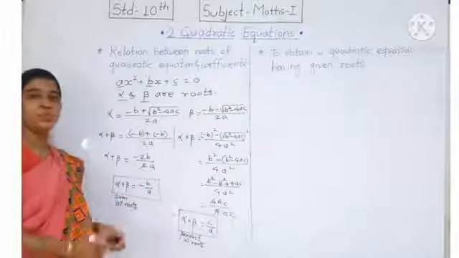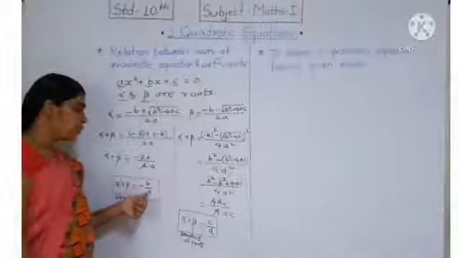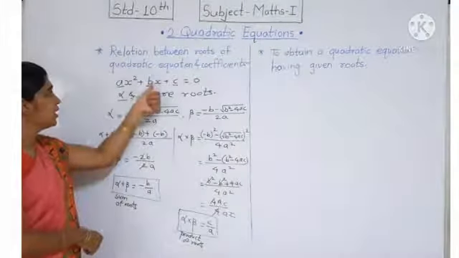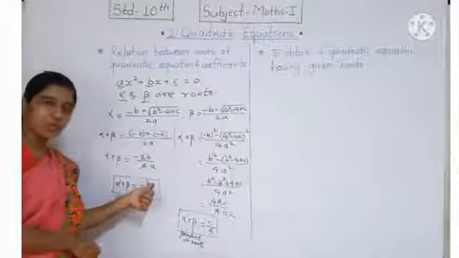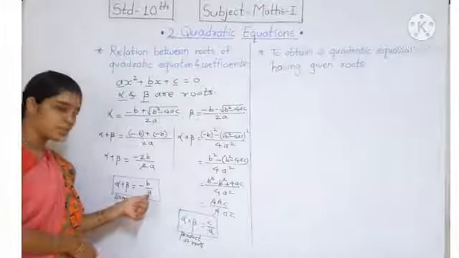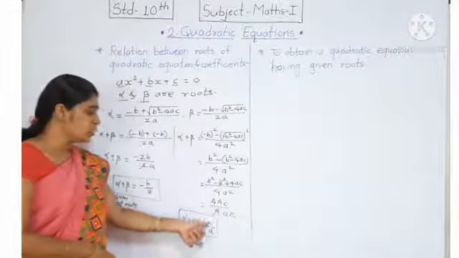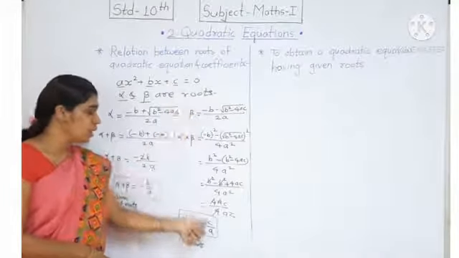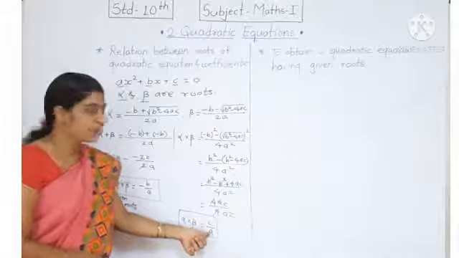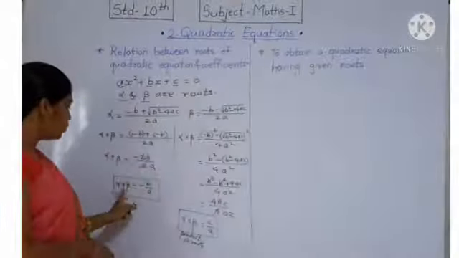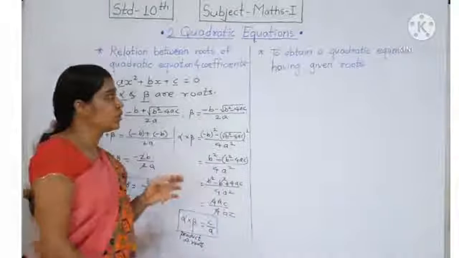You remember these two formulae. Minus b means minus the coefficient of x upon the coefficient of x square, and the product of the roots is equal to c, the constant term, upon a, the coefficient of x square. This is the relation between roots and coefficients.